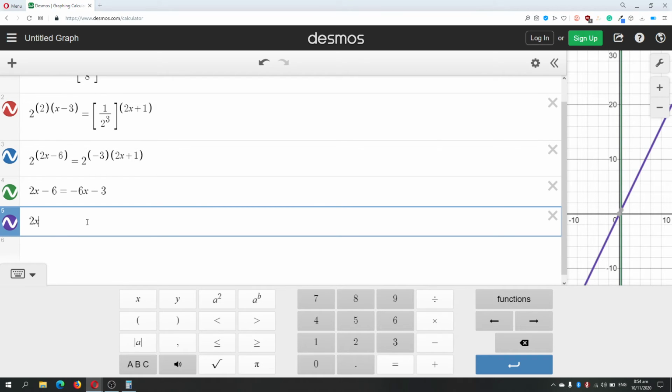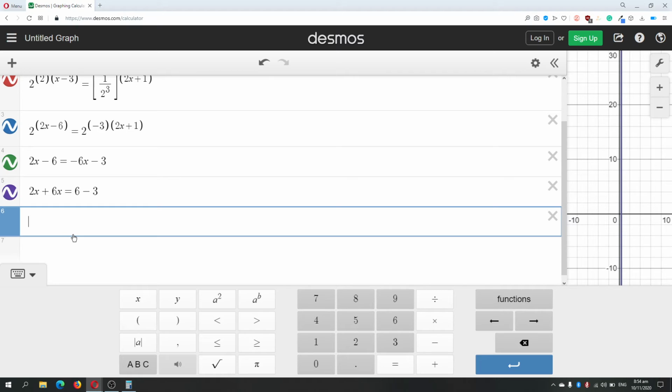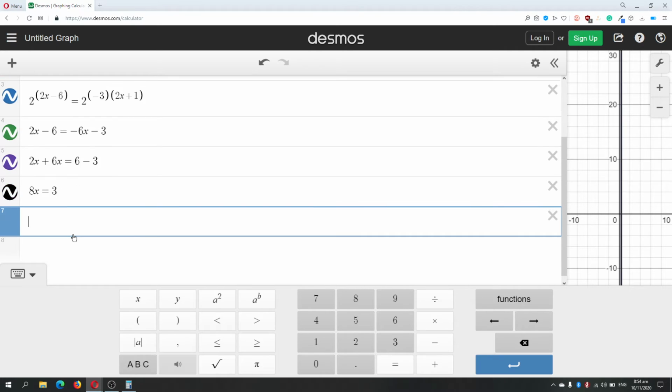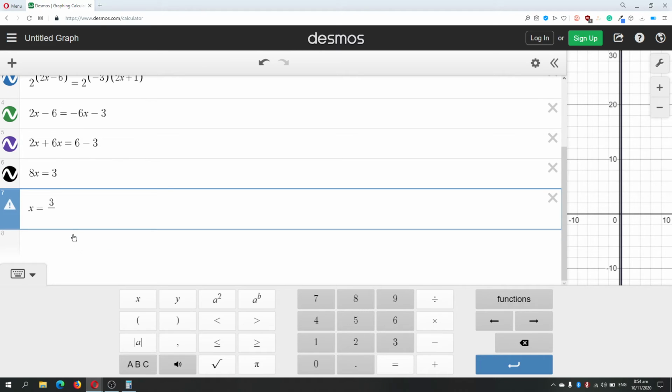Combine like terms tayo. 2x transpose yung negative 6x, that is plus 6x is equal to transpose yung negative 6, that is positive 6 minus 3. And then, simplify. 8x is equal to 3. So, the value of x is equal to 3 over 8.